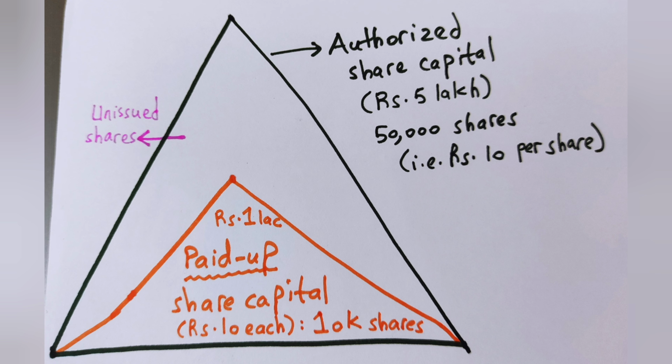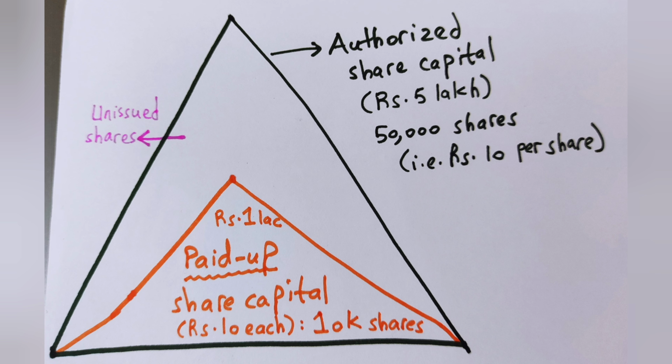However, it is possible to increase your paid up share capital simply by issuing more shares as and when the need arises. So for example, in this triangle, you can see that there is a pink arrow representing the inner area of the triangle, and only that area. I think I should have shaded that area in pink.